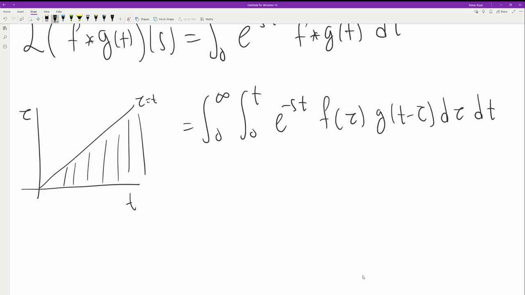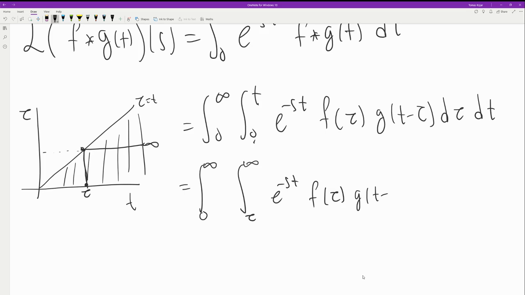This is the integration region. If you fix t, then tau goes from 0 to t. But if you fix tau, t will go from tau to infinity. So we swap.